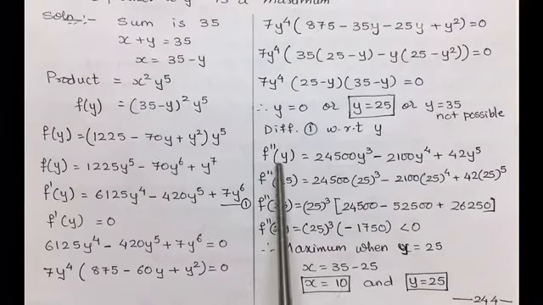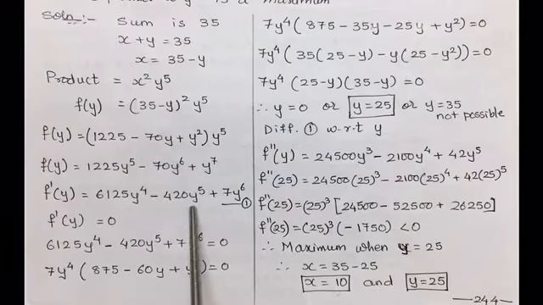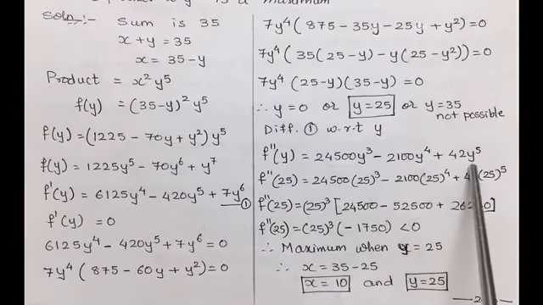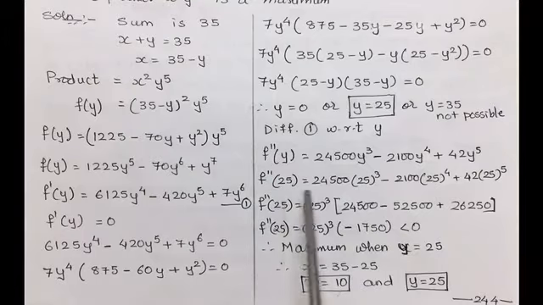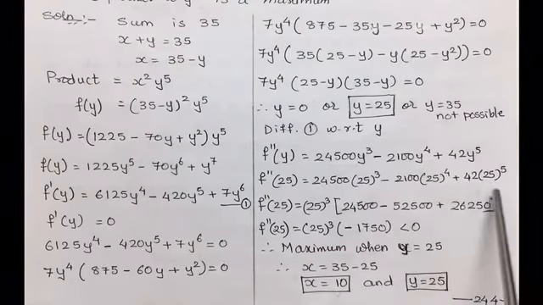we have to calculate the second derivative of the first statement. So calculating the second derivative and keeping in the second derivative the value of y as 25 and calculating it very carefully.